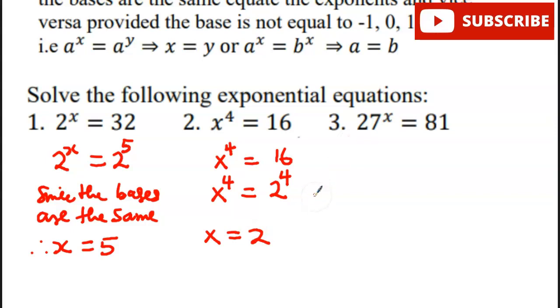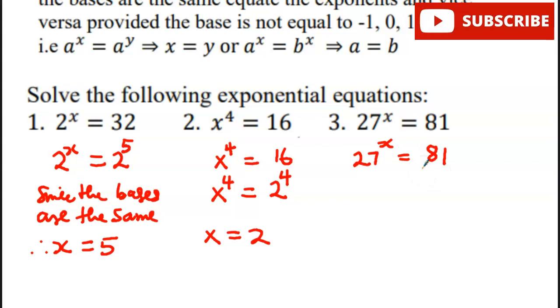Now let's look at question 3. 27 to the power x is equal to 81. Now this is slightly different from the rest of the questions that we have just solved. Here you cannot express one in terms of the other.